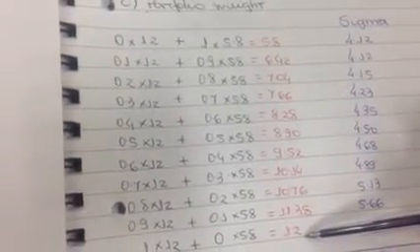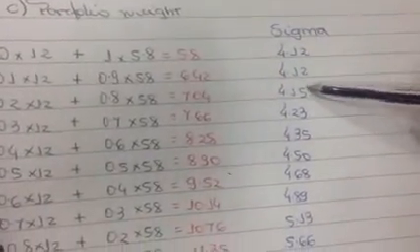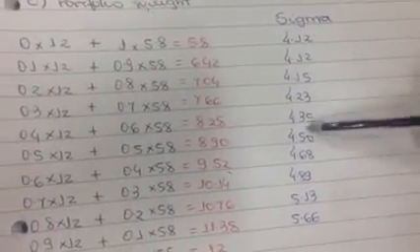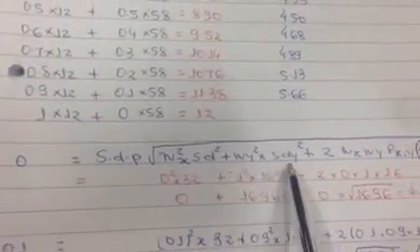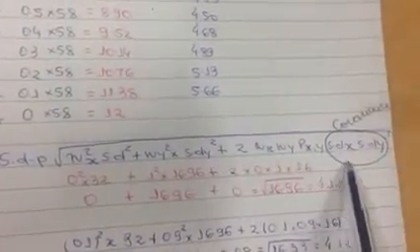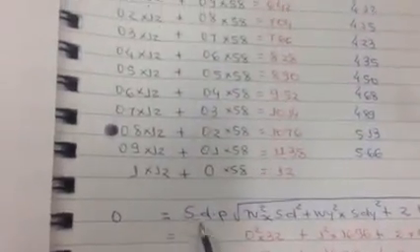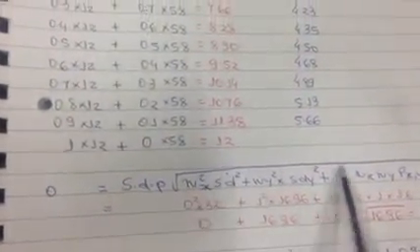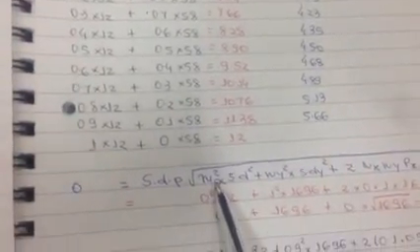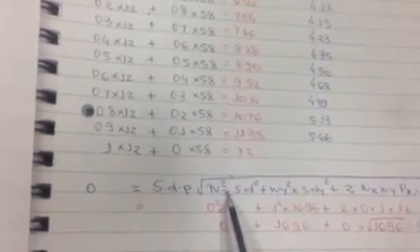Now we move on to the more difficult part, which is the sigma. And you're wondering, how on earth do we calculate the sigma? We need to use this formula, which is given to us in the book. So it is the square root of, let's say, the weight.